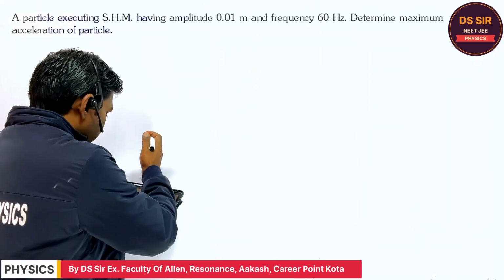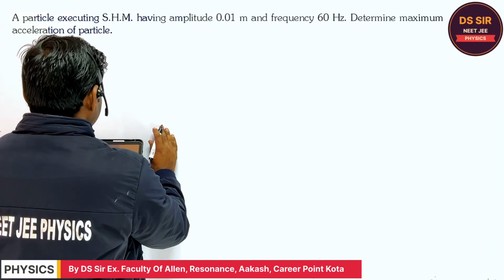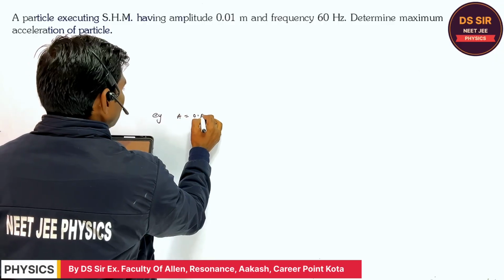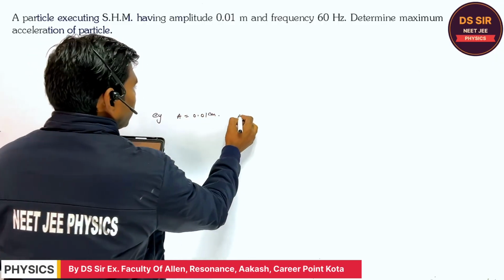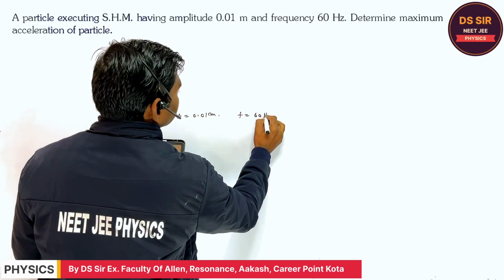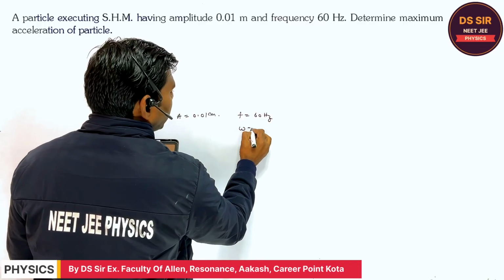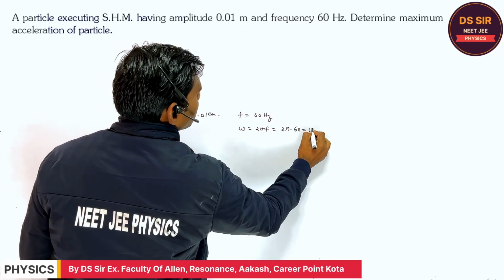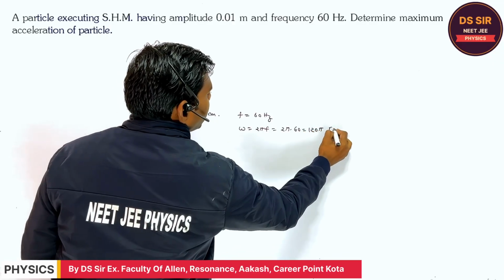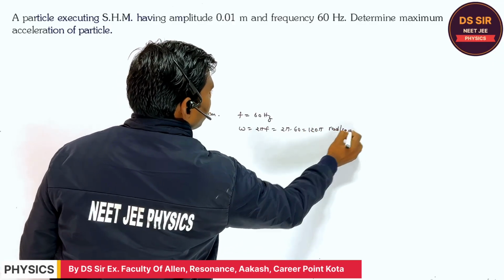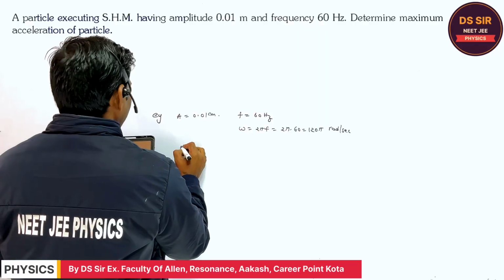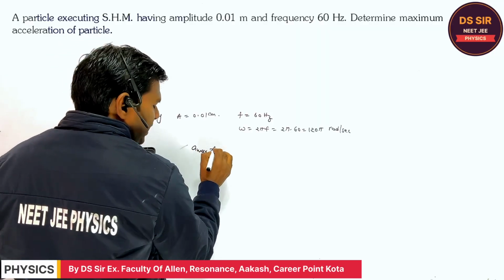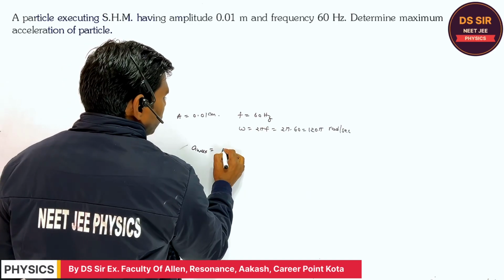Copy this. So read this question. The SHM having amplitude equal to 0.01 meter and the frequency is 60 hertz. So therefore omega is equal to 2 pi f, 2 pi into 60, which is 120 pi radian per second. What is the maximum acceleration formula?